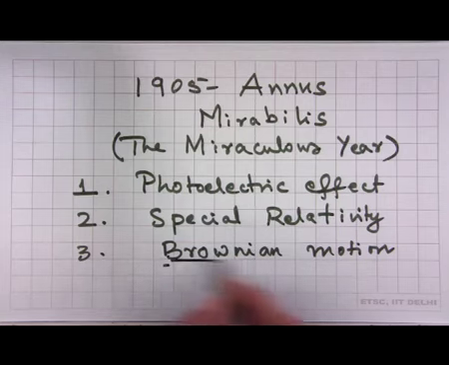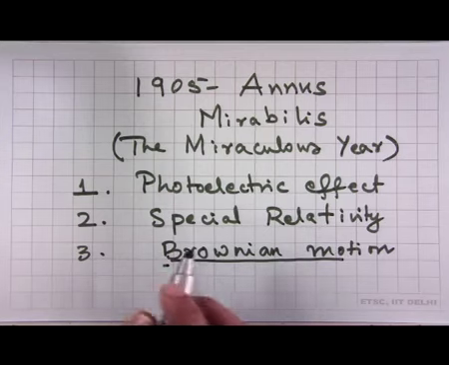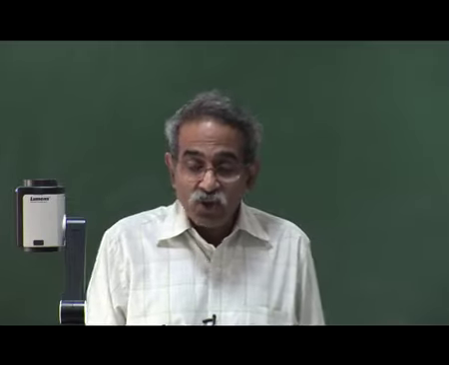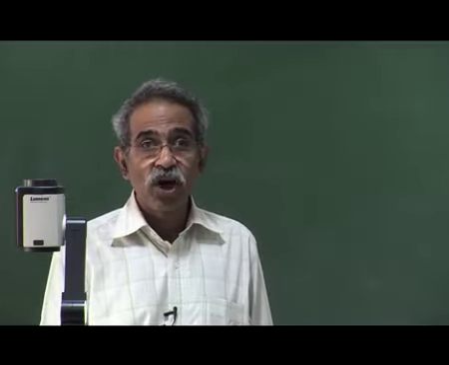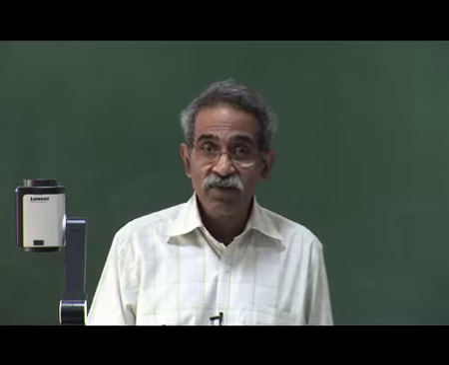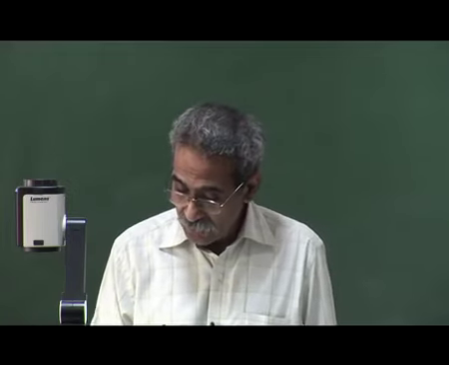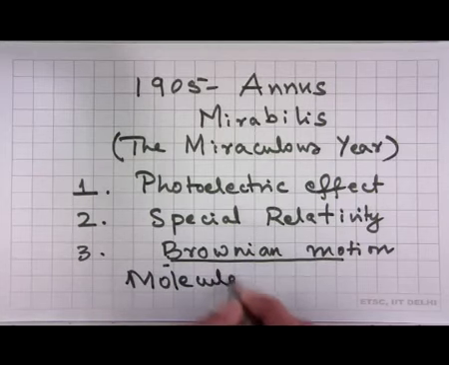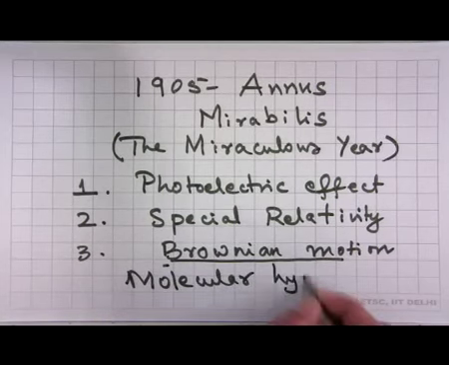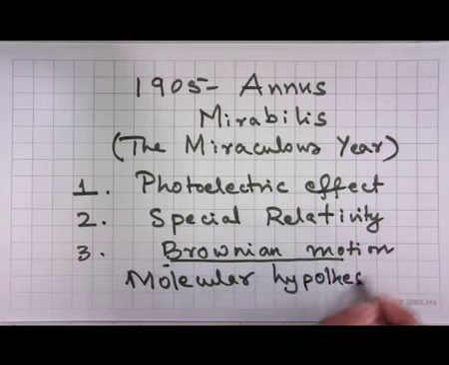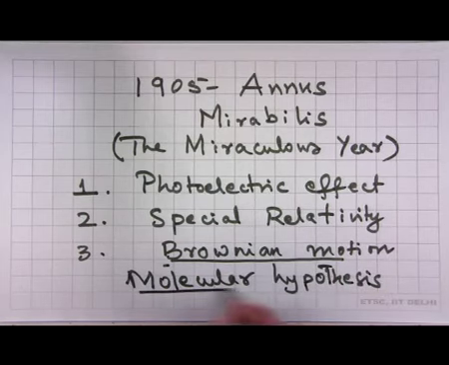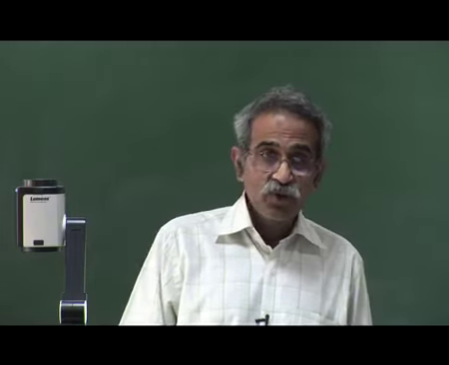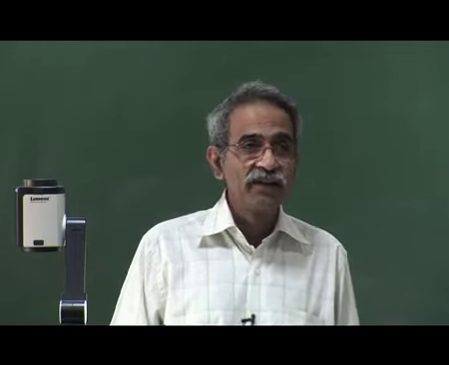The paper on Brownian motion is also extraordinarily important because it actually showed how to verify the so-called molecular hypothesis of Boltzmann. So this is a theoretical paper on the molecular hypothesis. In your kinetic theory of gases classes, you would have heard of equipartition of energy.